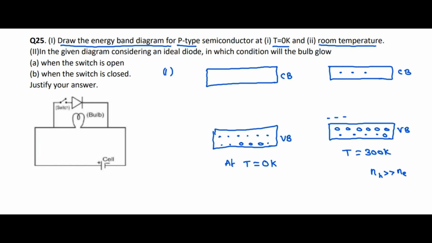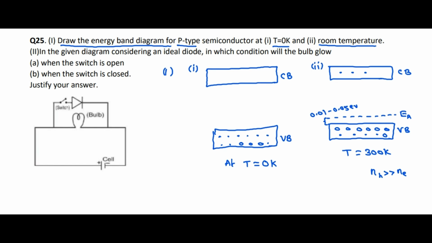And there is an energy level just above the valence band, which is called the acceptor energy level, E sub A. This gap is nearly 0.01 to 0.05 electron volt. This is for the 1 and 2.